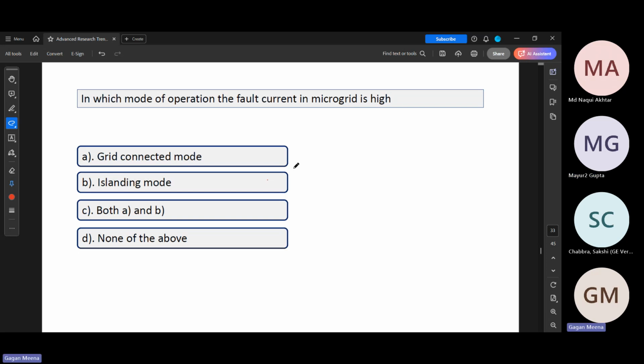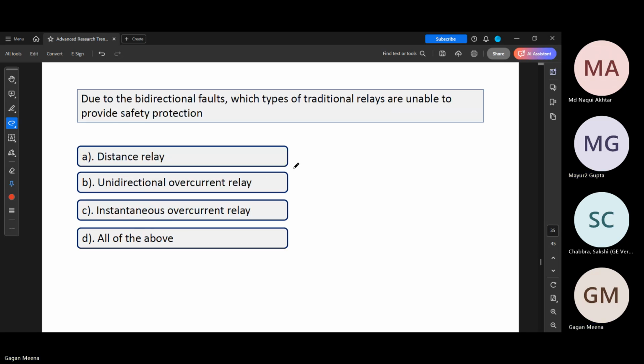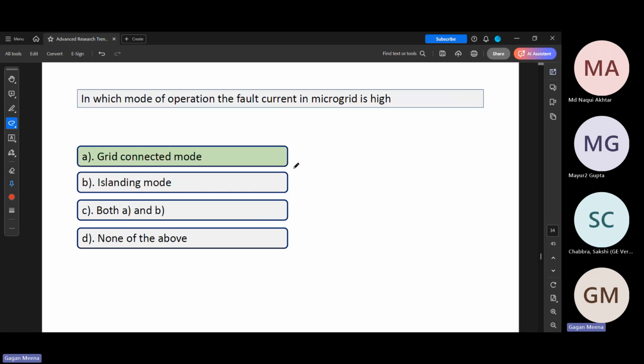And why will it be higher in grid connected mode? Grid will feed the fault. Grid is an infinite source. And in islanding mode, we have distributed generation, and DERs have a limit on fault current. The short circuit ratio, SCR, is low. Correct. So only the grid connected mode.